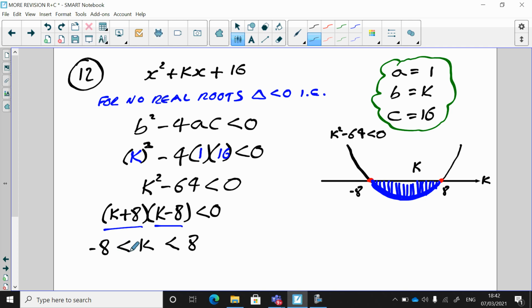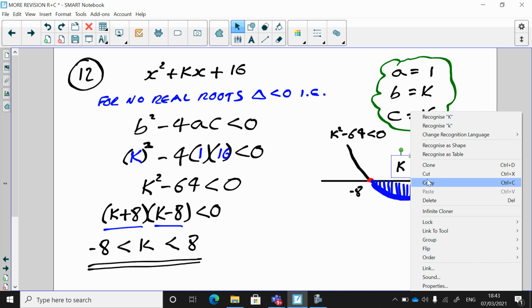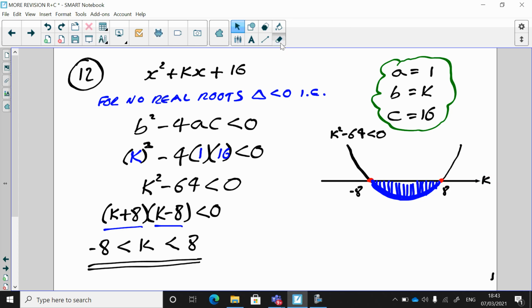So we just write it this way: the inequalities always point to the left here when we have a closed interval, i.e. k is bounded between -8 and 8. That's our solution, folks. That is our solution for this question here.